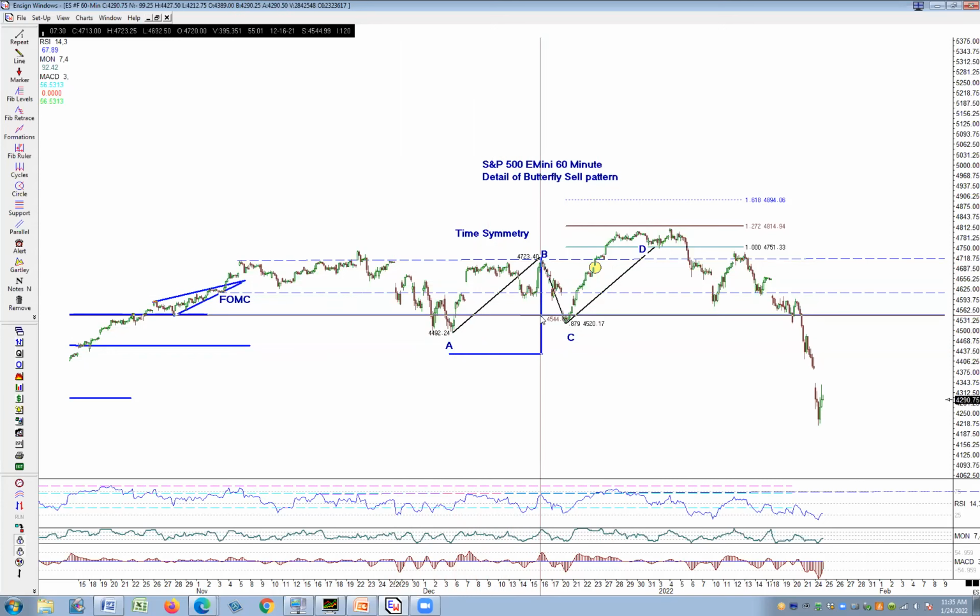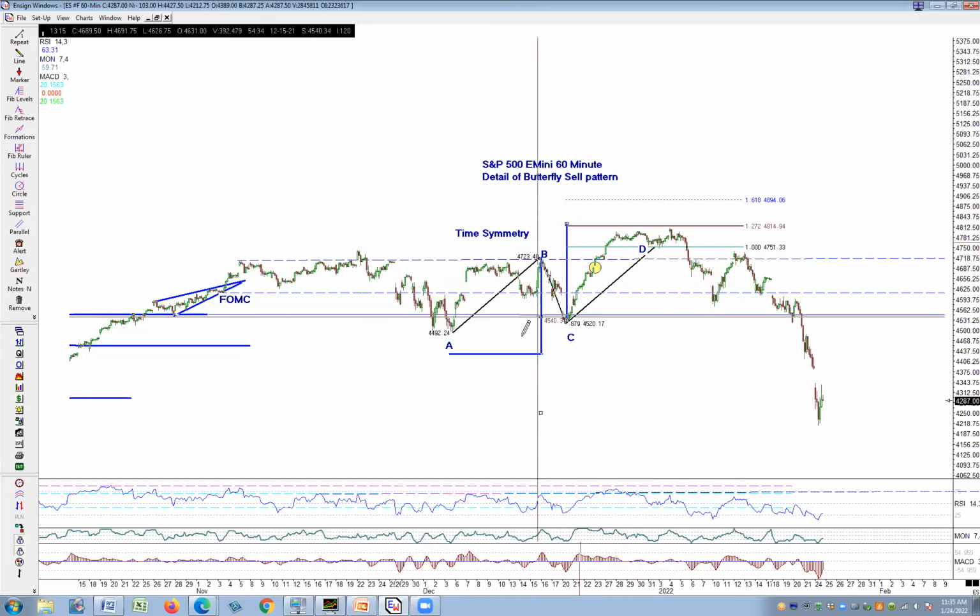Now, what you can do sometimes when your CD leg is kind of asymmetrical, notice the slope and angle right here is steeper than the whole slope and angle to form that entire AB leg. That's much steeper. Sometimes the market needs a little more time to fill out, and sometimes it'll do it by extending to 127 or 1618.